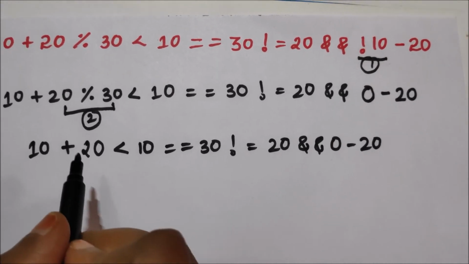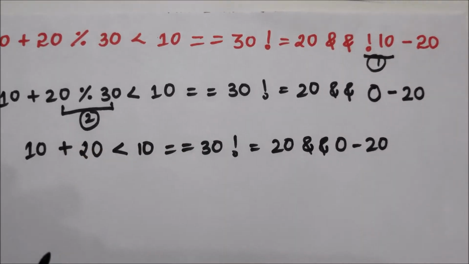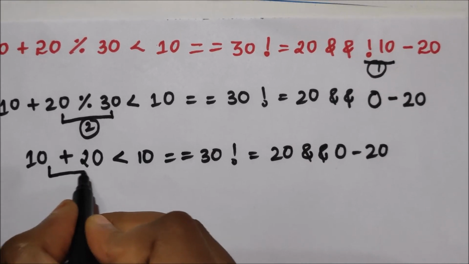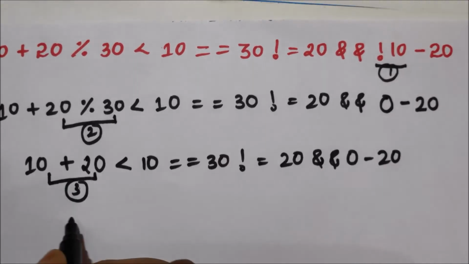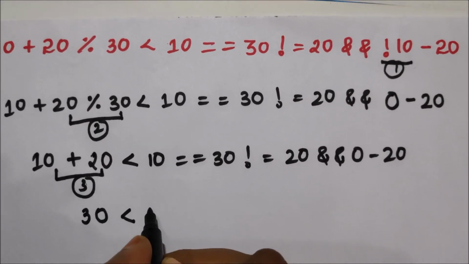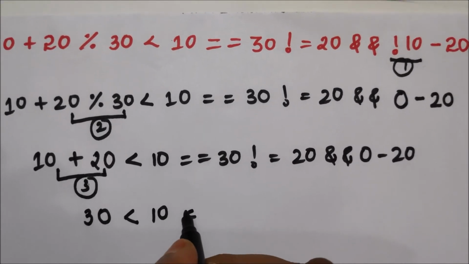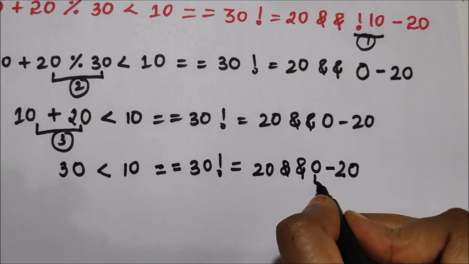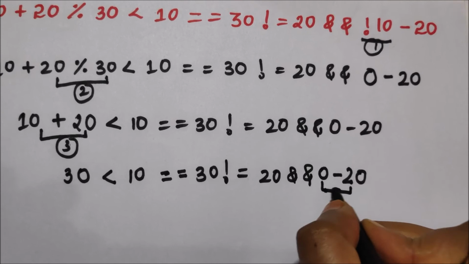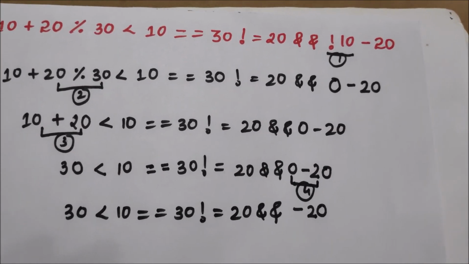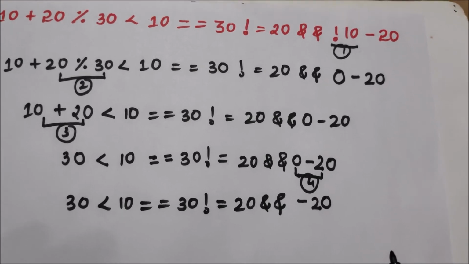Now there remain only plus and minus. Start from left to right and evaluate the plus first. So 10 plus 20 is 30. Keep the remaining expression as it is. Next evaluate minus operator. So 0 minus 20 is minus 20. So we are done with all the arithmetic operators.